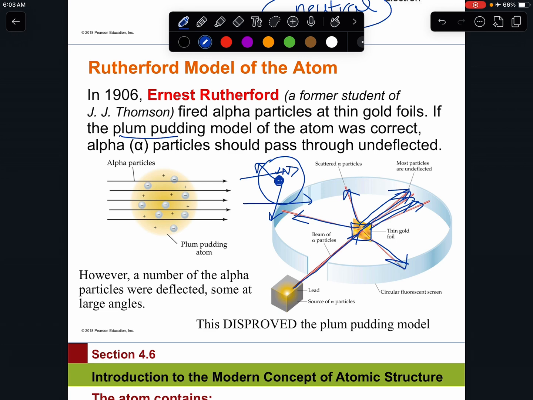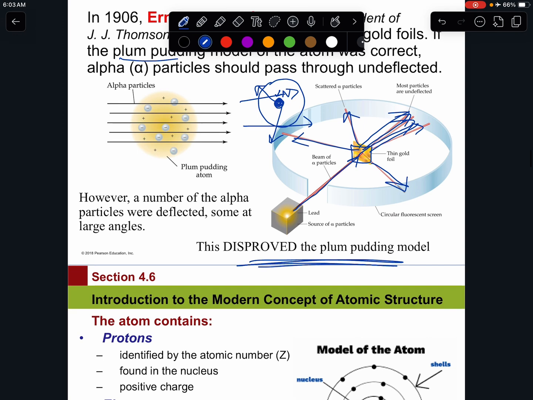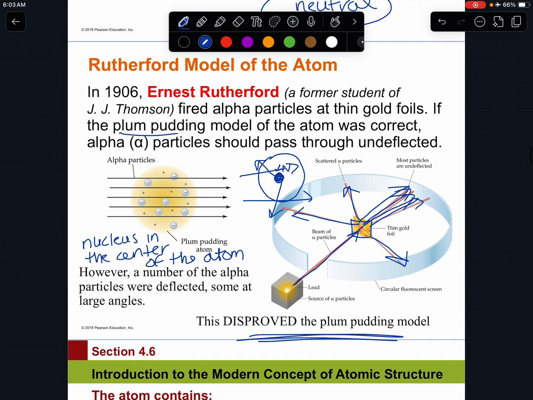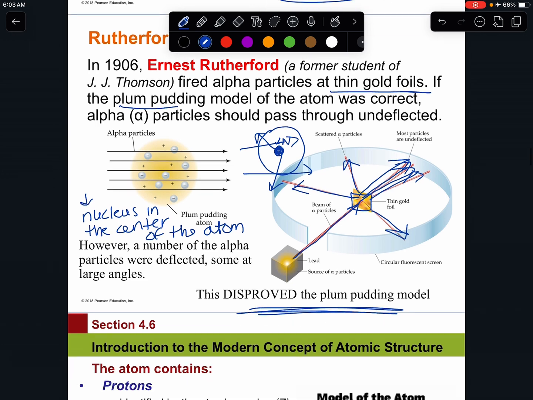So we actually figured out that the plum pudding model was disproved, and therefore we then discovered the nucleus in the center of the atom. So again, you do have to know the scientist names, the experiment name, which is the gold foil experiment, and then also what he discovered, which was that there is a nucleus in the center of the atom.